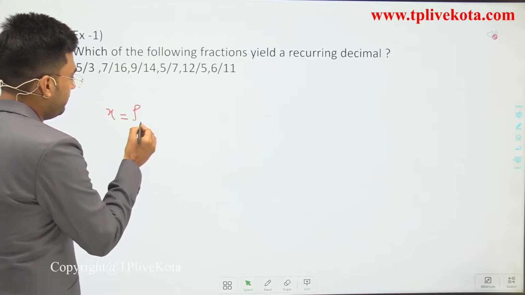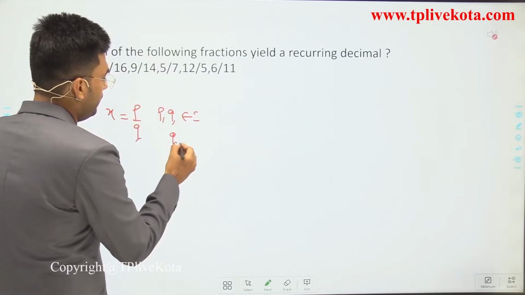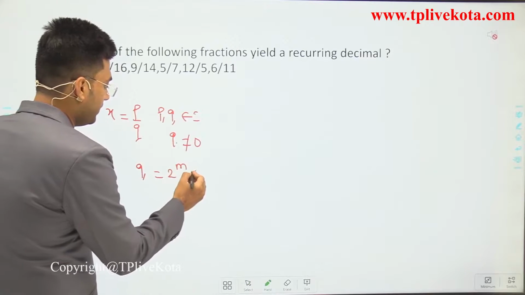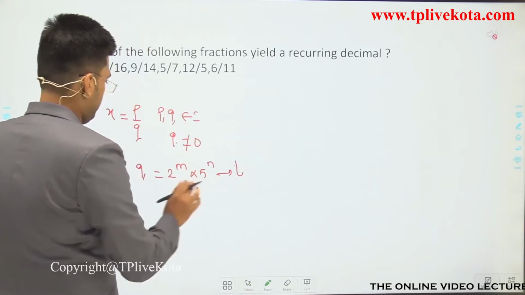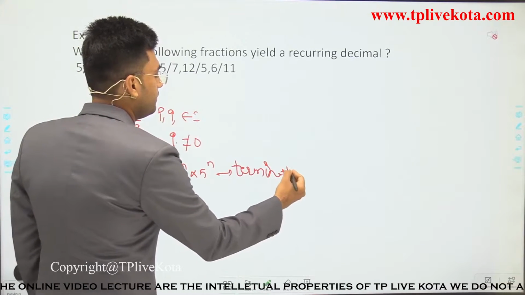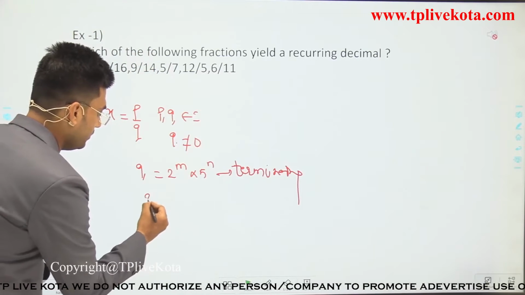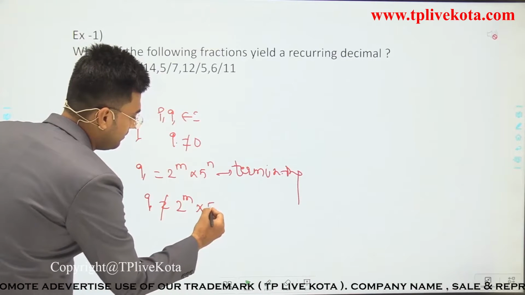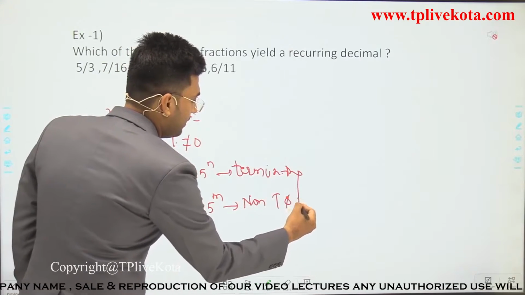If x is equal to p by q, where p and q belong to integers and q is not equal to 0, and if q is equal to 2 power m into 5 power n, then the decimal representation is terminating, and if q is not in the form of 2 power m, 5 power n, then it is non-terminating and repeating.